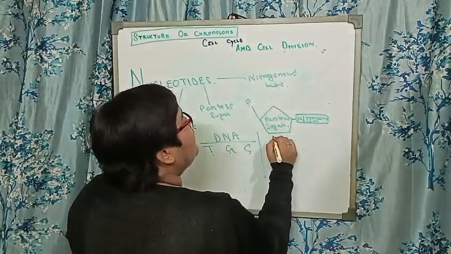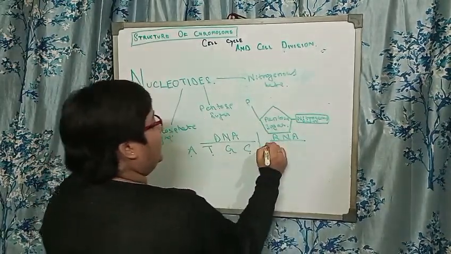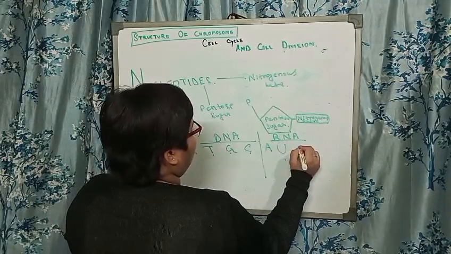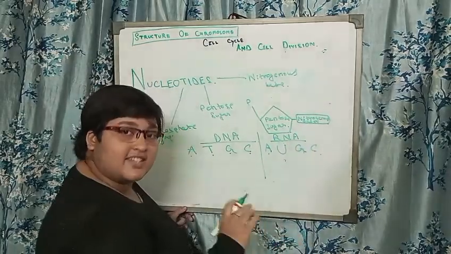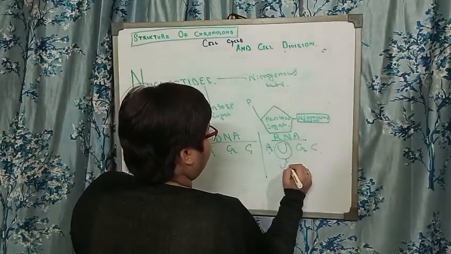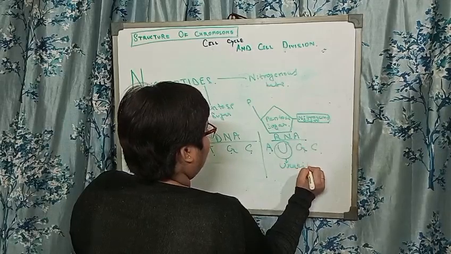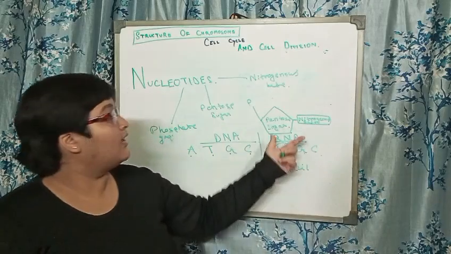While in case of RNA, the nitrogenous bases are A, U, G, C. That is, adenine, guanine and cytosine are similar, but U is uracil. That is, thymine has been replaced by uracil in RNA.